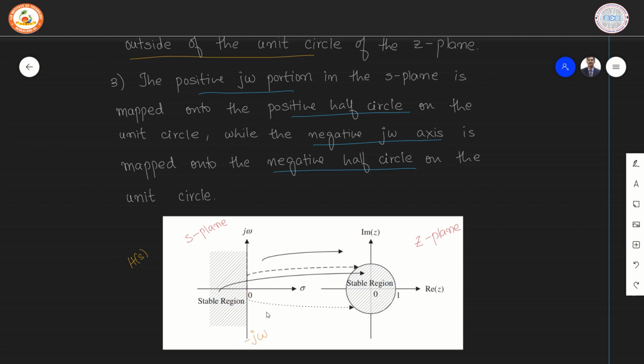Coming to the third point, the region in the positive side of j omega, which lies on the j omega axis, the positive will be on the upper half of the circle, whereas the region which is negative j omega in the S plane will lie in the lower half. So we understand that the mapping in the S plane to Z plane will provide you with a stable filter.